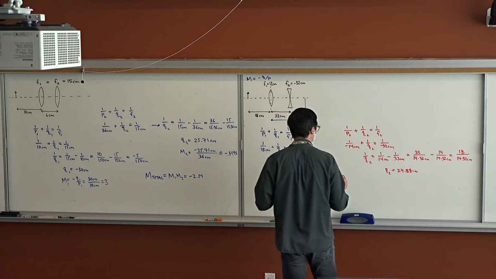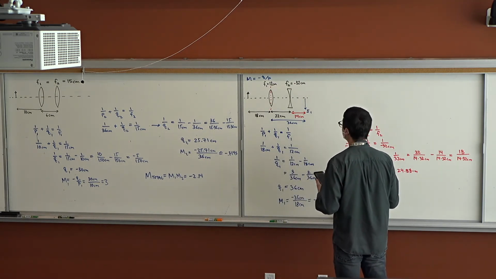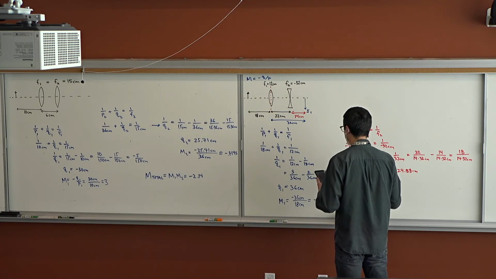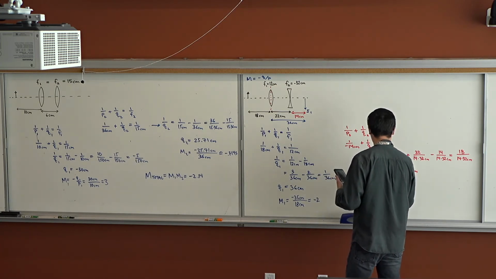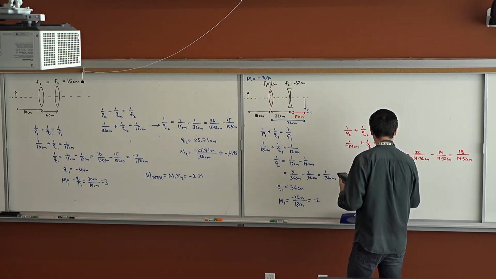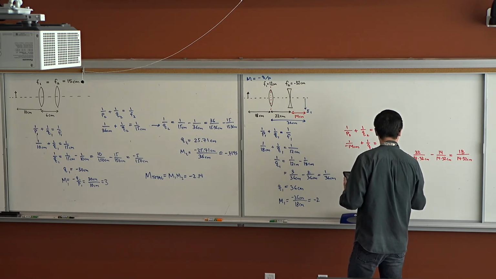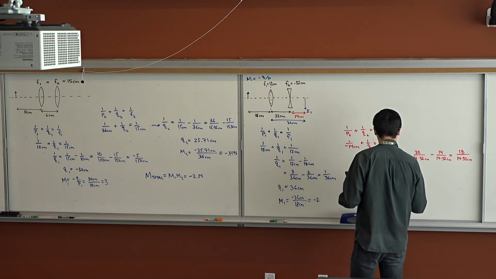Oh, and let's check out the magnification. M2 winds up being minus 24.88 centimeters over minus 14 centimeters.